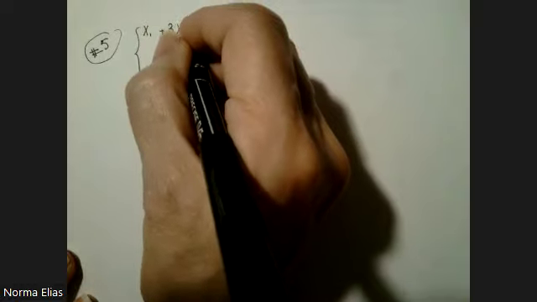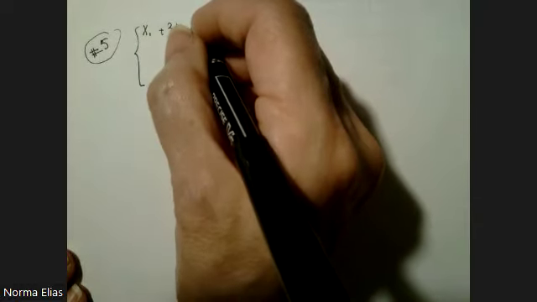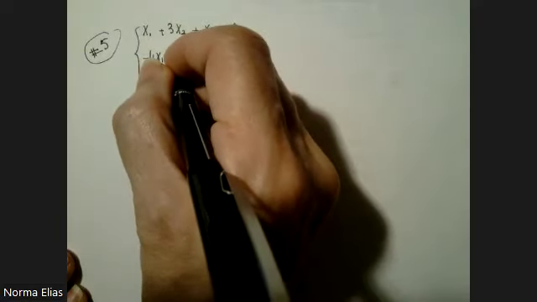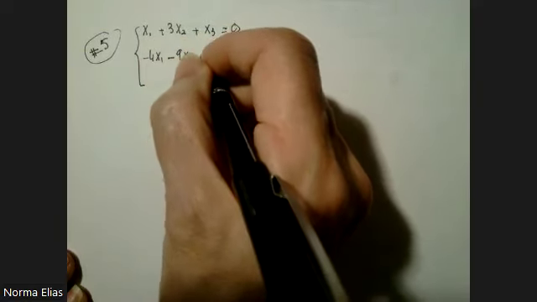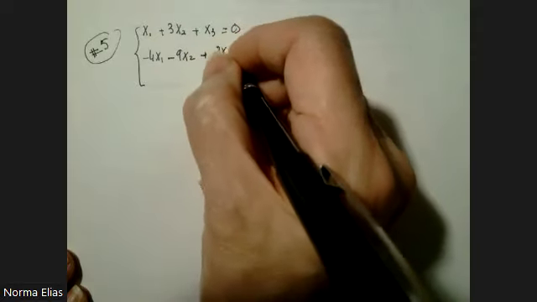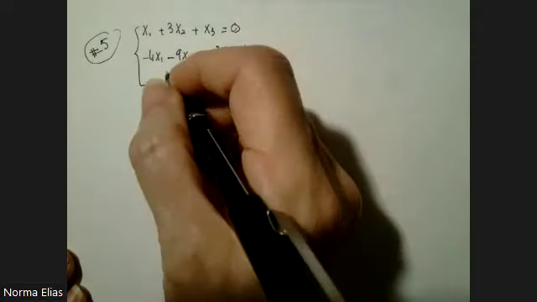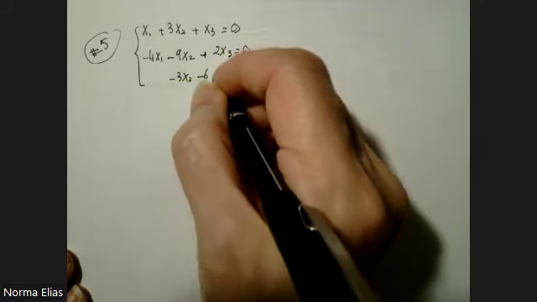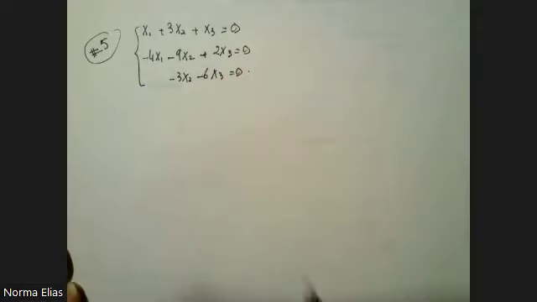The question that they gave us is the system: plus x3 equal to 0, and then minus 4x1 minus 9x2 plus 2x3 equal to 0, and finally minus 3x2 minus 6x3 equal to 0.